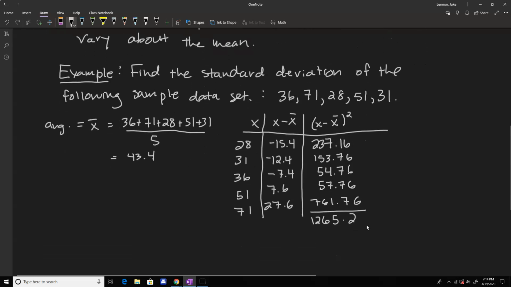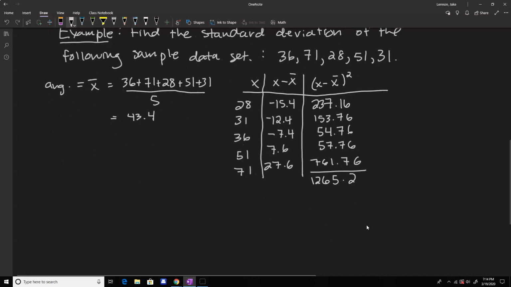So the last thing we do to figure out our standard deviation, which for sample sets we denote with just an S, is take that 1265.2 and divide by 1 less than the total number of data values we have. We have 5 data values here, 28, 31, 36, 51, and 71.